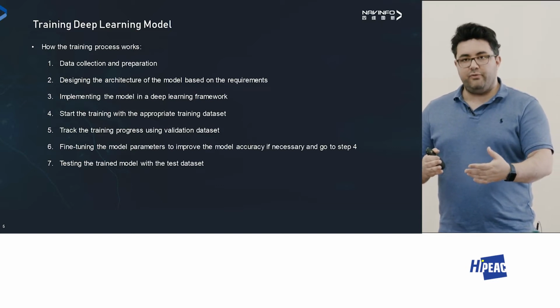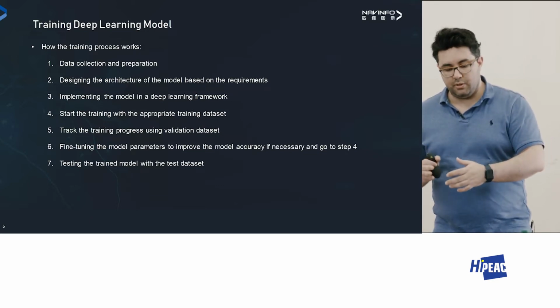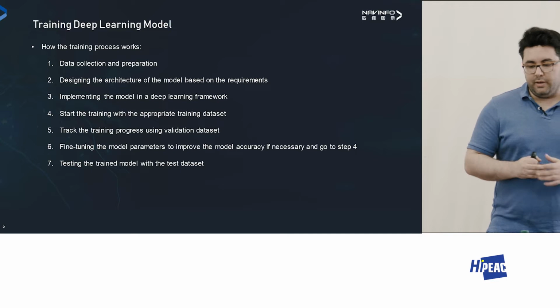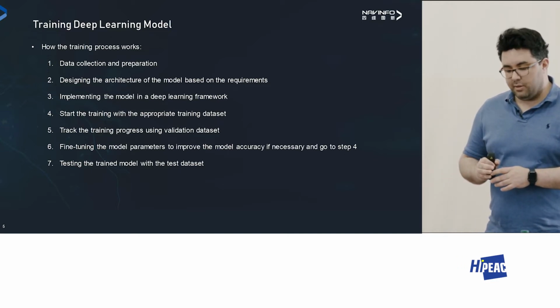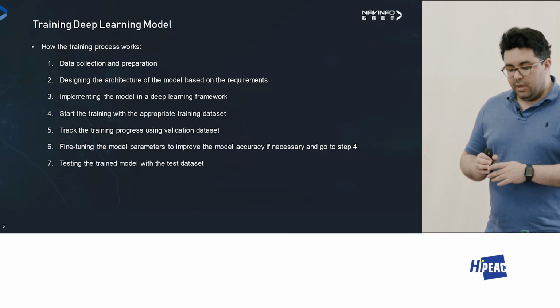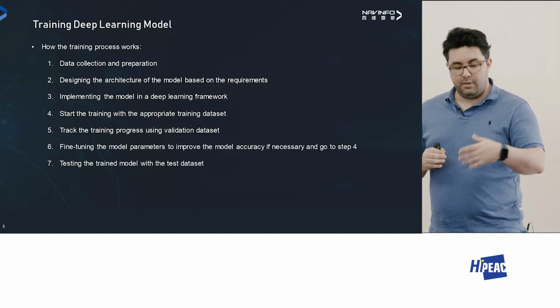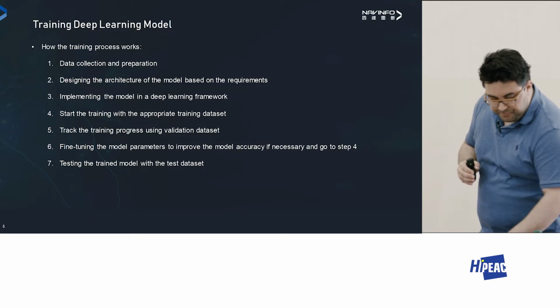So they don't have to implement every single thing themselves. They have predefined functions and libraries that they can tune and set some parameters for, which makes the design and development of deep learning models much faster.